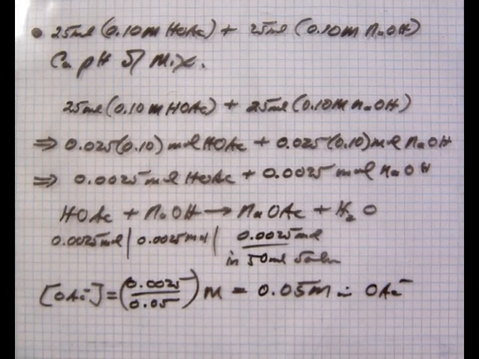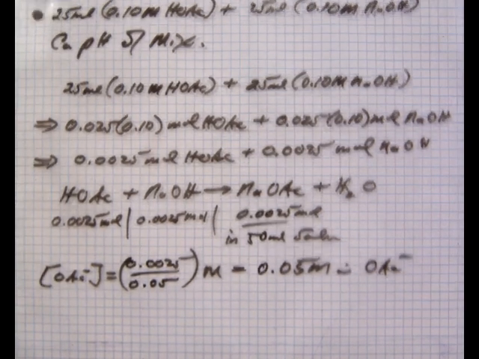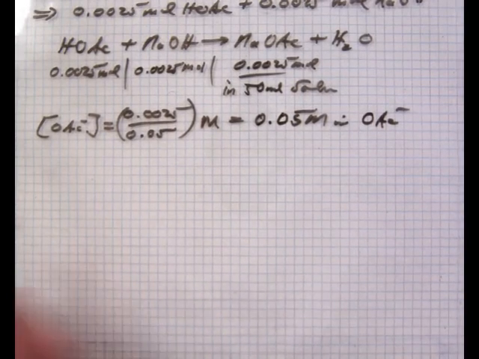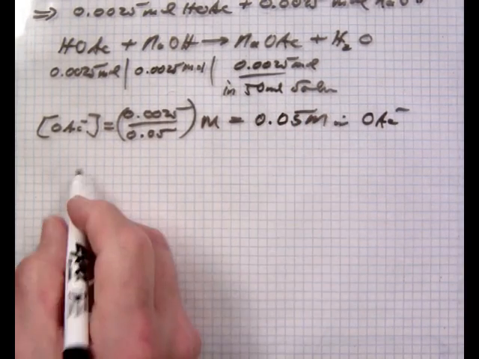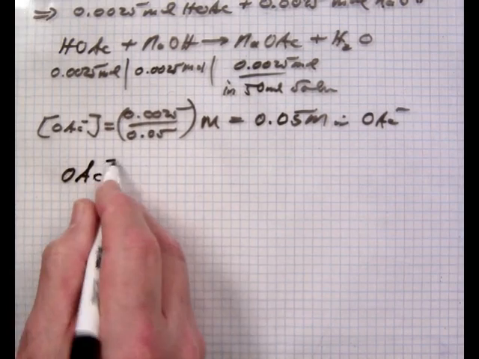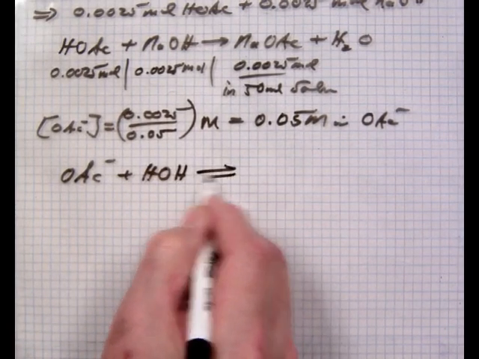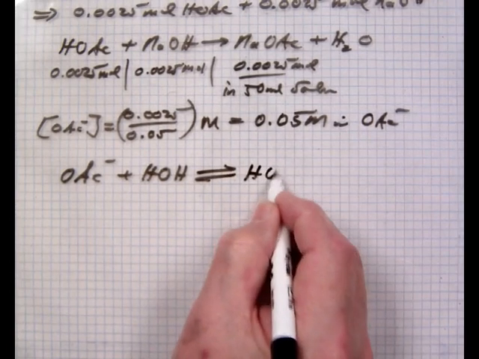So that OAc now is a pretty strong conjugate base, which will in fact react with water. It'll pull off the hydrogen and form acetic acid and leave an excess of hydroxide. So we will work from the reaction of 0.05 molar salt and water. So here our hydrolysis reaction would be this.